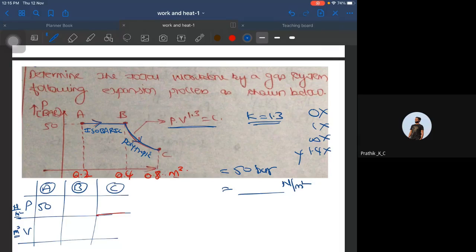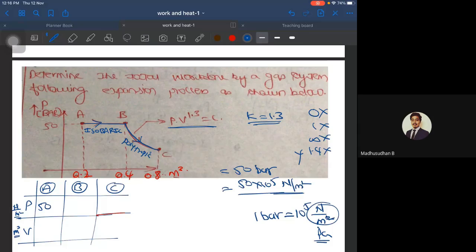How much is 1 bar? 10 to the power of 5. Excellent. So 1 bar is 10 to the power of 5 Newton per meter square. So it is 50 into 10 to the power of 5 Newton per meter square. Newton per meter square is nothing but Pascal.